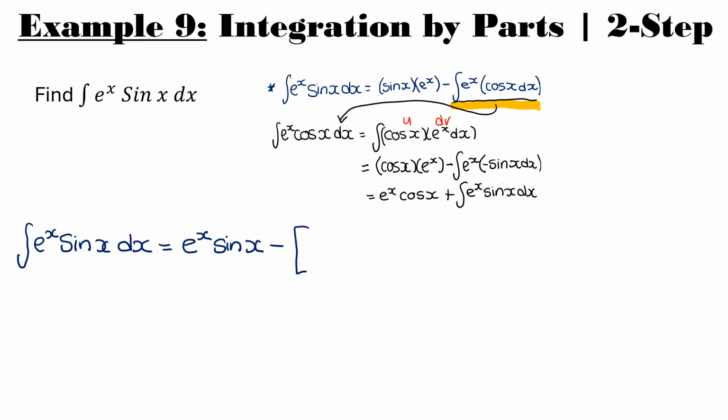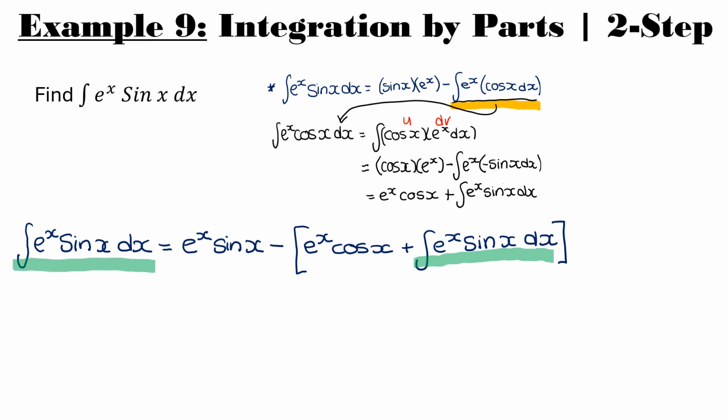I'm going to plug in what we've just worked out, which is e to the power of x cos x plus the integral of e to the power of x sine x dx. And we're not going to try and integrate this piece again, because if you notice, it's actually the exact same as what we want to begin with. So we can use that fact.